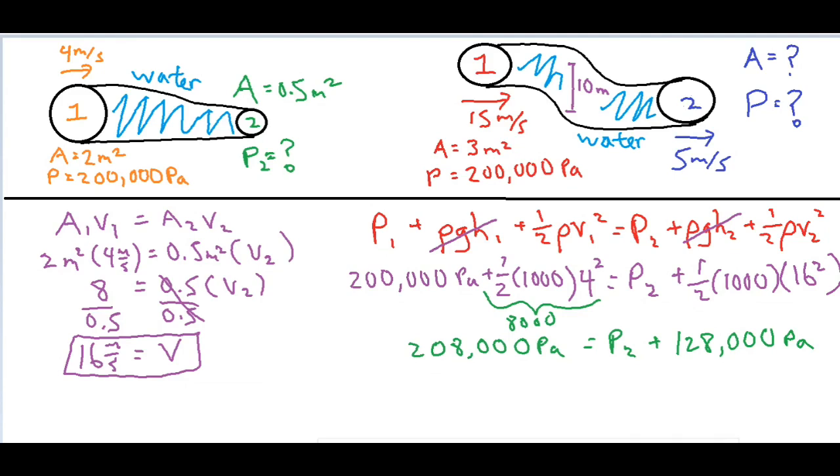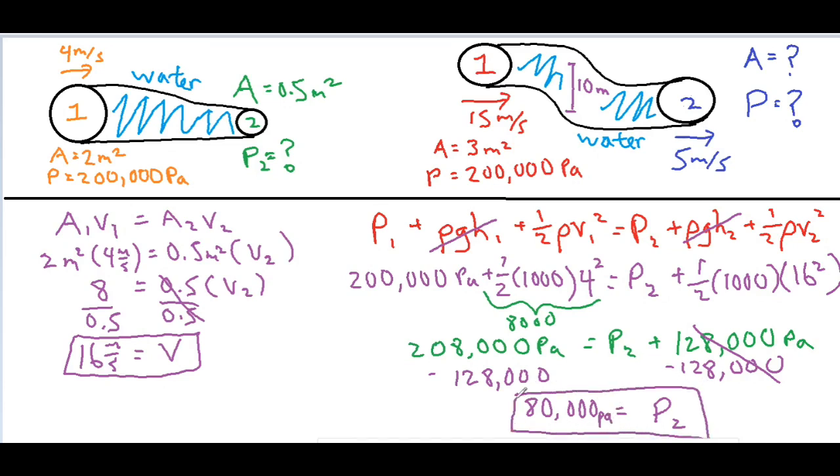We are just about done. We just need to subtract this from both sides, and then we have our final P2 of 80,000 pascals.